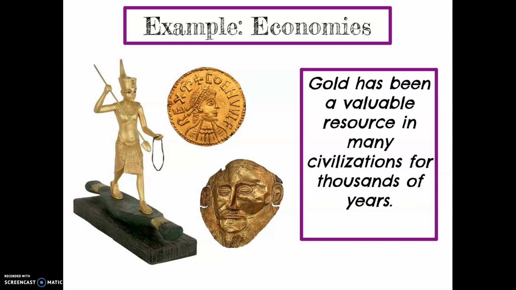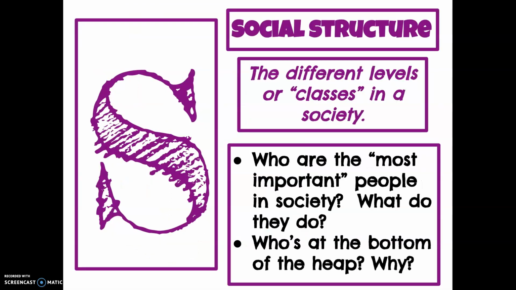Now we use our dollars, our cents, our credits, and things like that. Whereas in the past, gold was actually a very valuable resource that was used to trade among civilizations for the items that they needed.